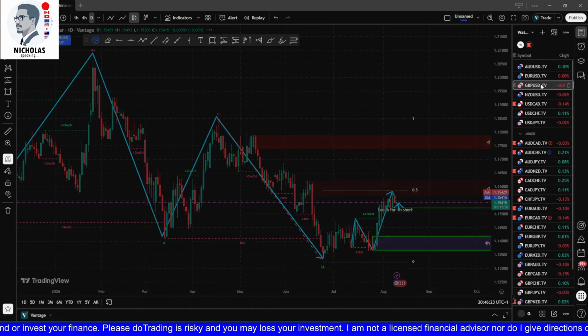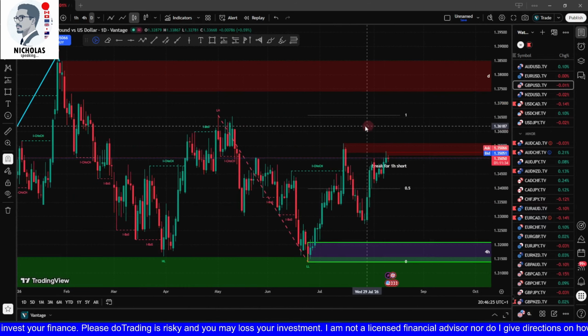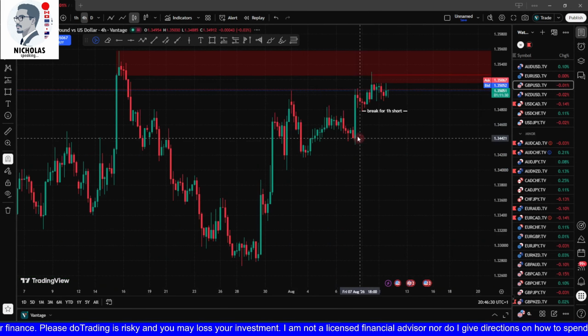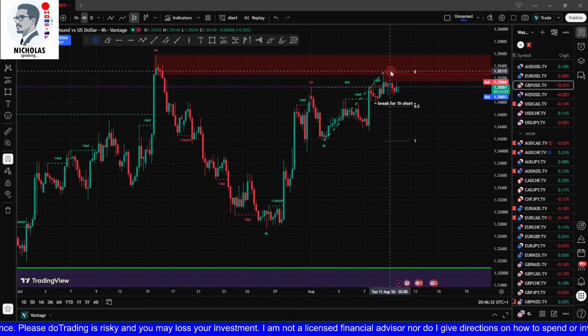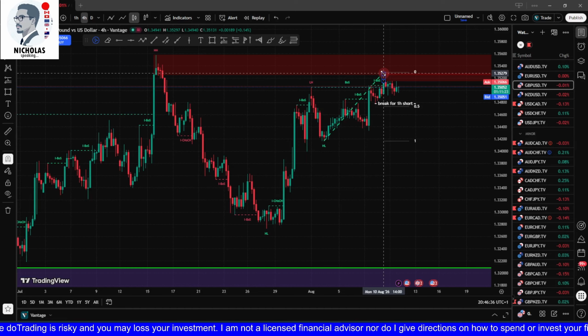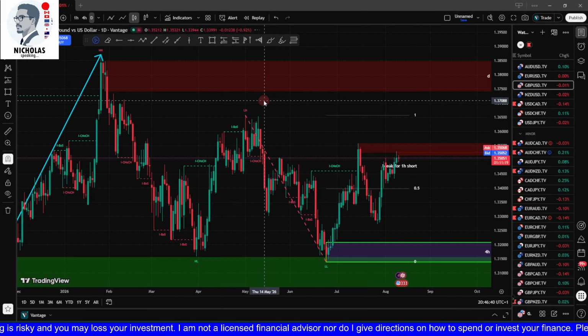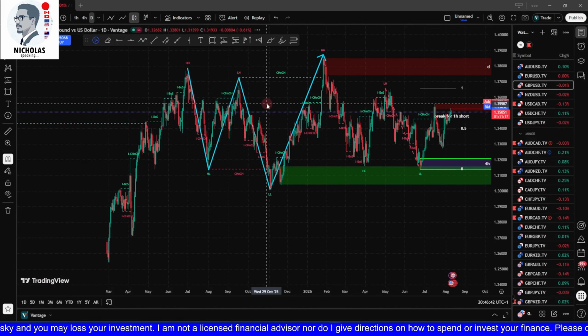Unlike the GBP/USD, which is also not at the extreme of the daily leg, but is currently sitting at a very obvious 4-hour extreme, making it a prime area where the 1-hour sales is most likely going to occur.